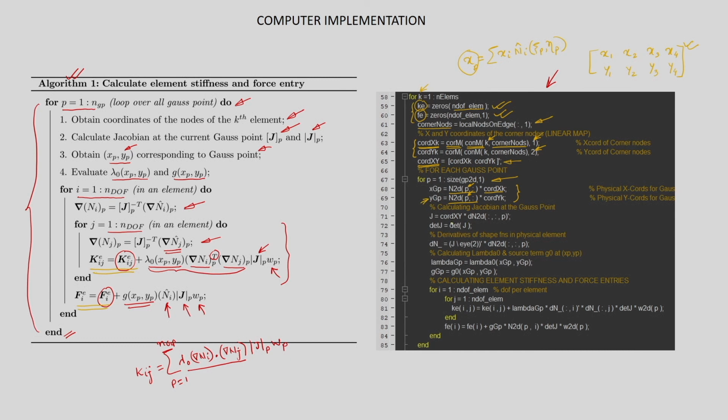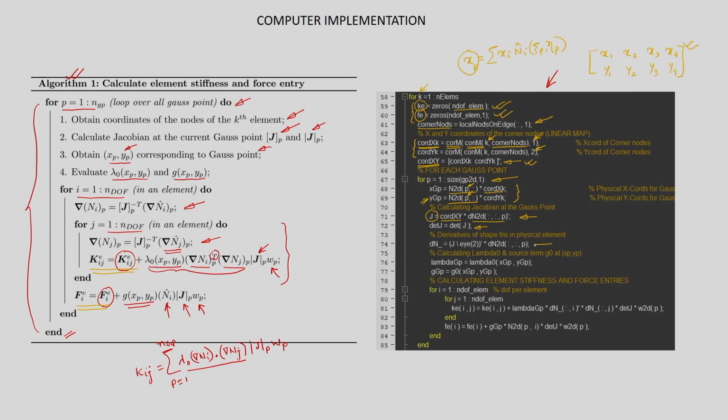Then we followed the procedure that has been discussed in the earlier slide to calculate the Jacobian. What we did was take the coordinate matrix just constructed for the kth element and multiply it with the matrix that contains the derivatives of the shape function in the master element at Gauss point P, and then we calculated the determinant of the Jacobian that we will be using while doing the numerical integration.